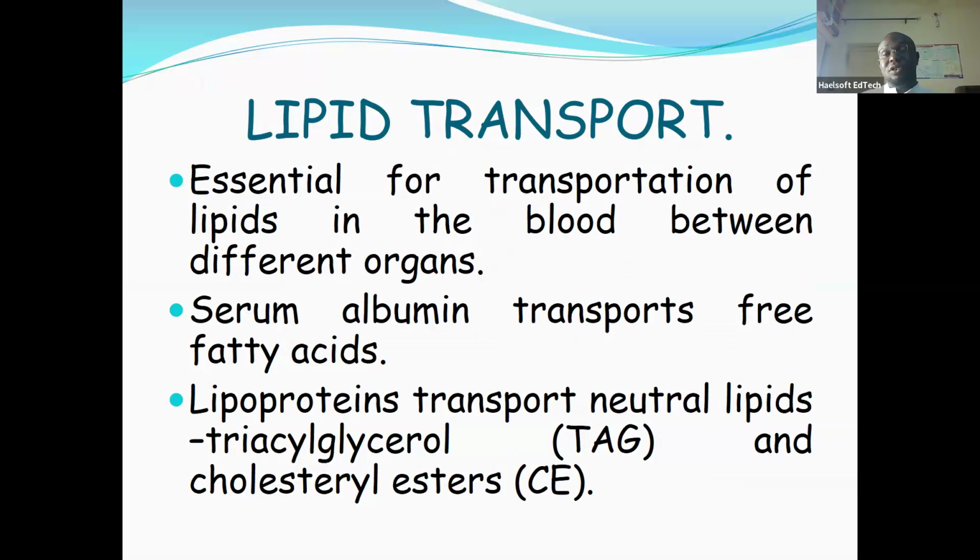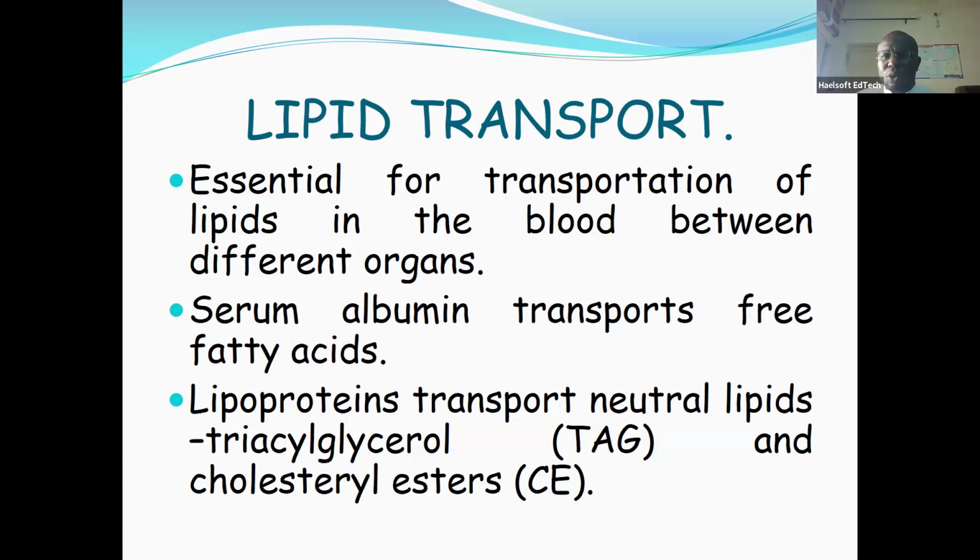Triglycerol, that is the storage form of most lipids, is stored in the adipose tissues. And this triglycerol is an example of what they call the neutral fat. Apart from being stored in the adipose tissues, triglycerol is also transported by the lipoproteins.